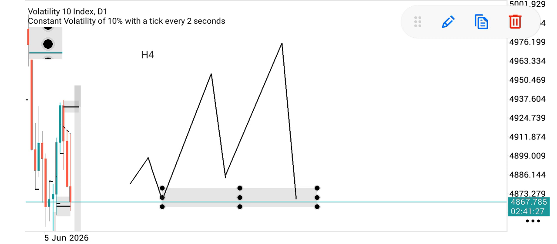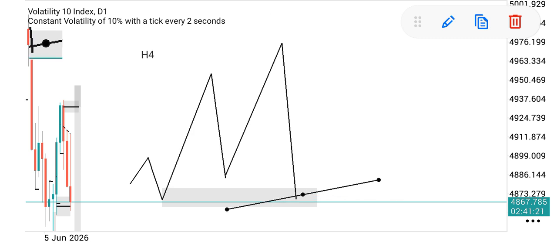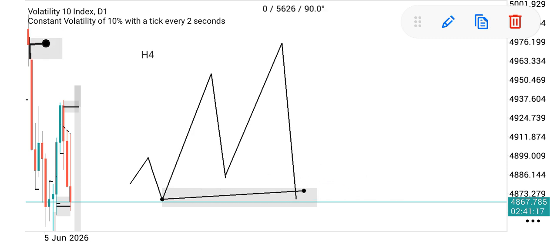So about 50%, I mark our 50% zone. 50% zone of our order block. 50%, we mark it out. Mark my 50%.